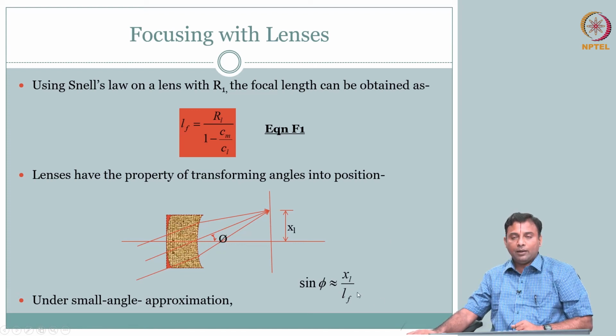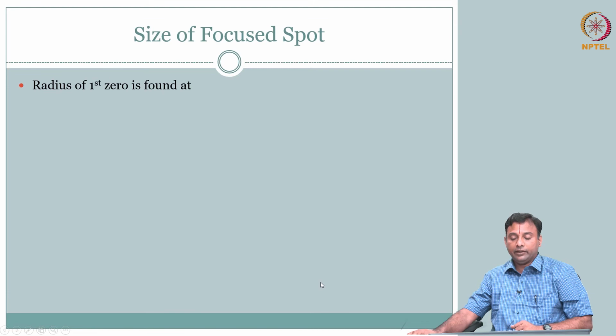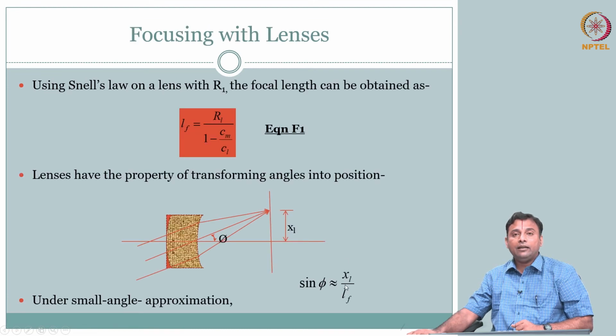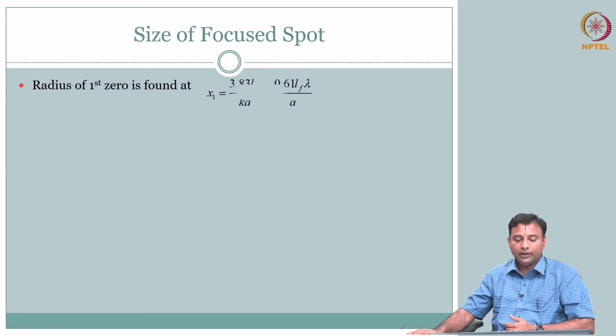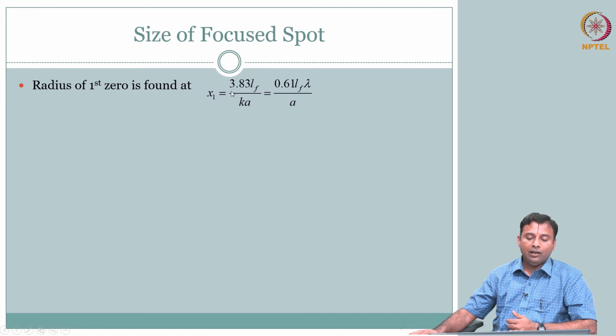If you do a small angle approximation, we had our sin phi for an angle of divergence before, same thing, but now we substitute sin phi to be X_L by L_F. So X_L by L_F equals 3.83 by Ka, which is what we had for the circular transducer. There we just left it as sin phi_d equal to 3.83 by Ka, so phi_d is the sin inverse of 3.83 by Ka.